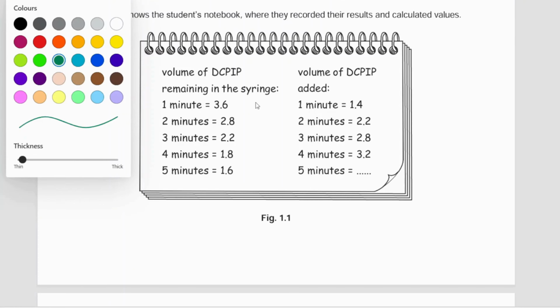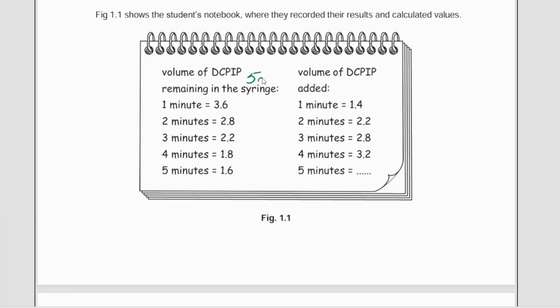Okay. The total volume taken was 5 cubic centimeter. Out of this 5, we have added 1.4 to test tube 1, let's say, after 1 minute. So how much is left? 5 minus 1.4 is 3.6.